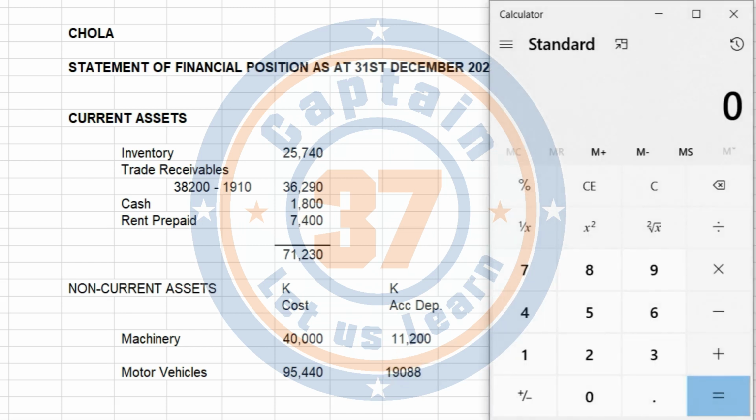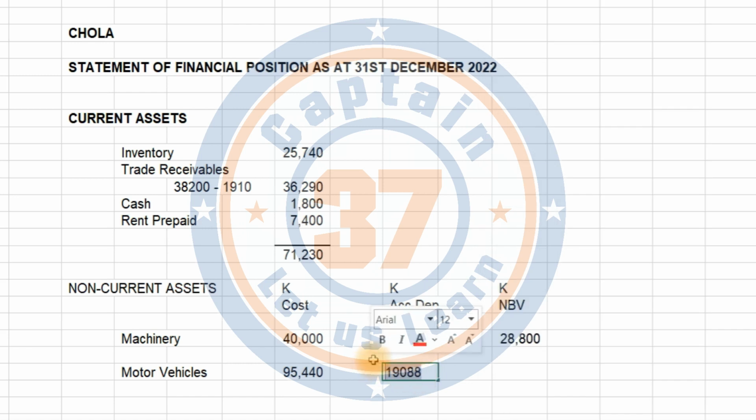Pull up the calculator: 19,088 kwacha plus 1,080, and this is going to give me 20,168 kwacha. This is our accumulated depreciation, and it's the one that's going to be indicated right over here.